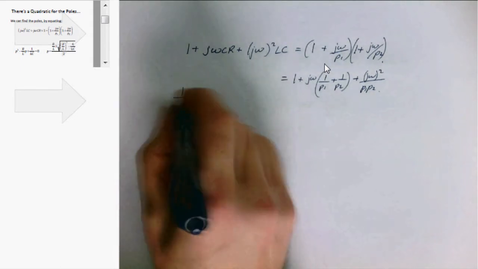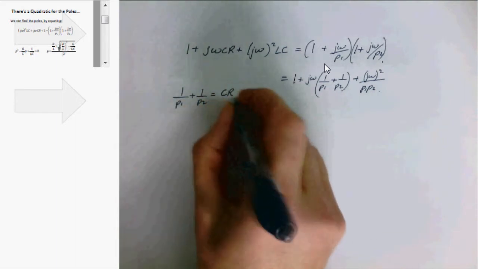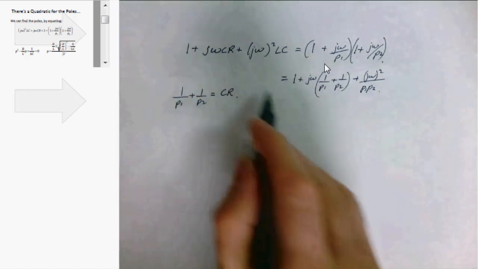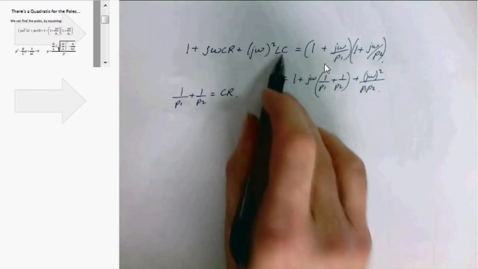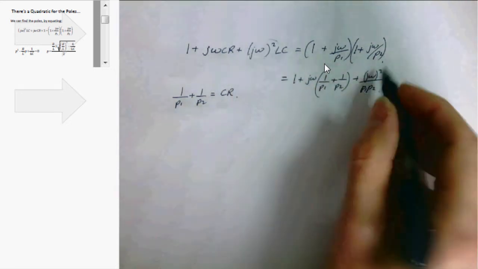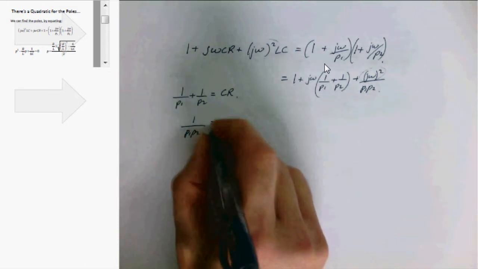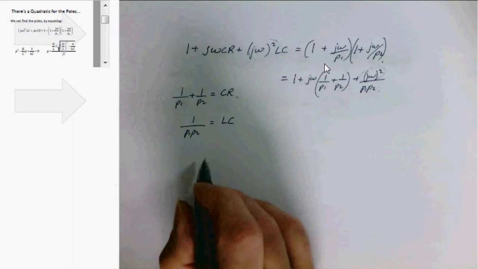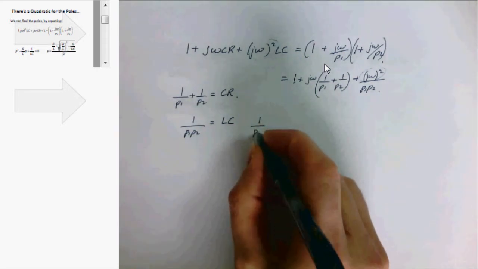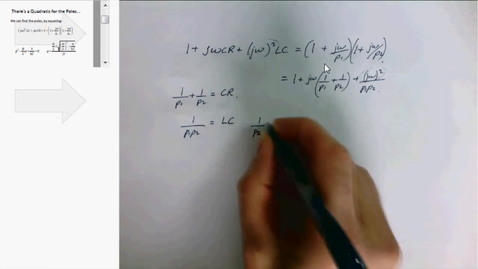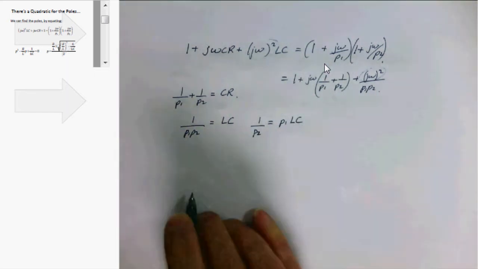Equate coefficients of j omega, and we see that 1 over p1 plus 1 over p2 equals CR. We can also see, by equating the coefficients of j omega squared, that 1 over p1 p2 equals LC. And that gives us that 1 over p2 equals p1 times LC.